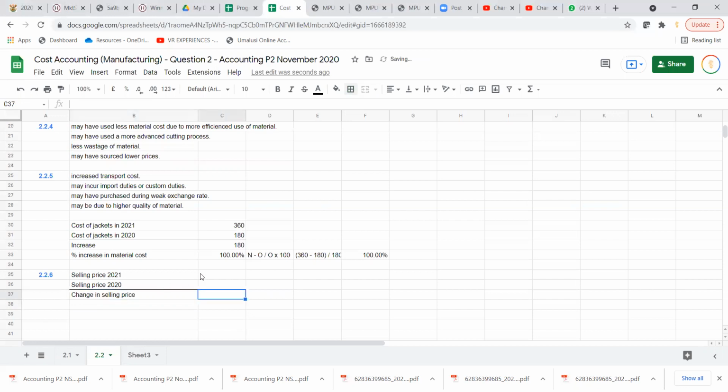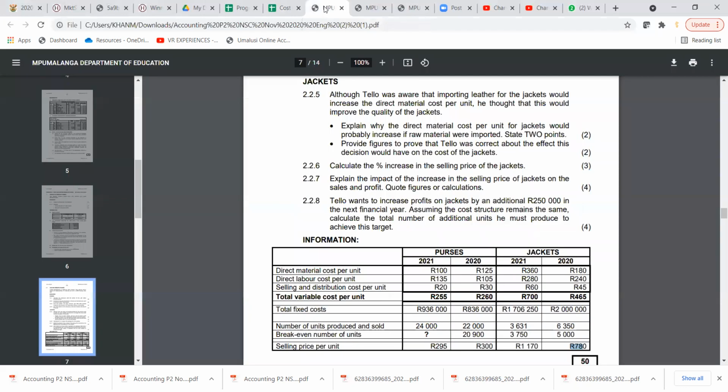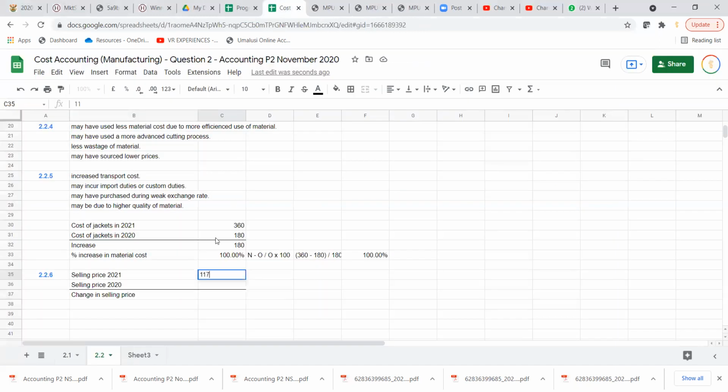Okay, so here we have the selling price in 2021 is given to us as 1170. Selling price in 2020 was 780. So the change is 1170 minus 780. Now we can say increase in selling price.